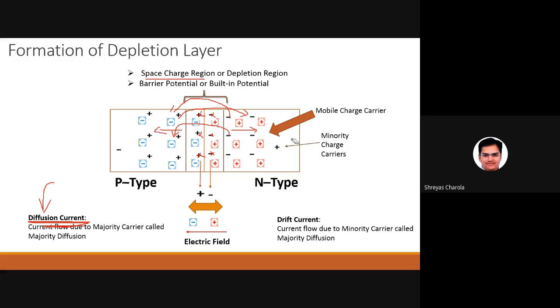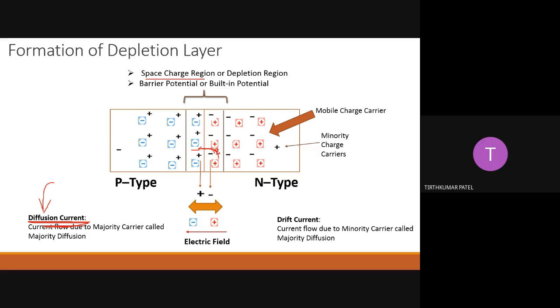Now, as we told, there are also minority charge carriers, but they are very few. So in this region, let's suppose this one is a plus and minus, they will also recombine. Yes or no? As the majority charge carriers recombine, obviously the minority charge carriers also recombine. Yes or no?